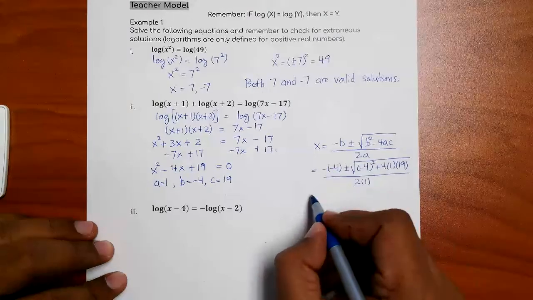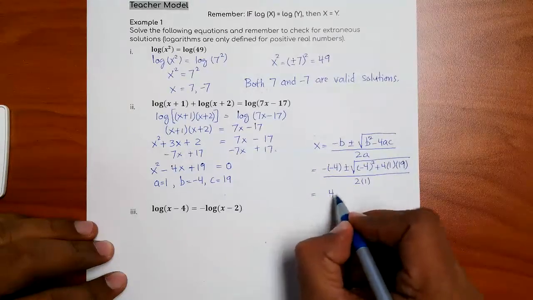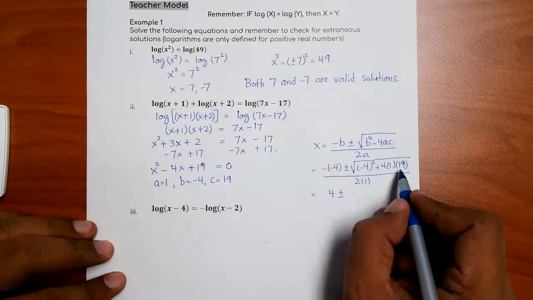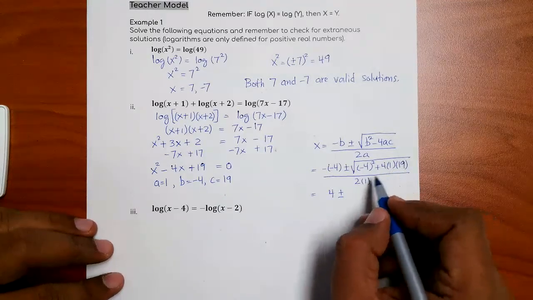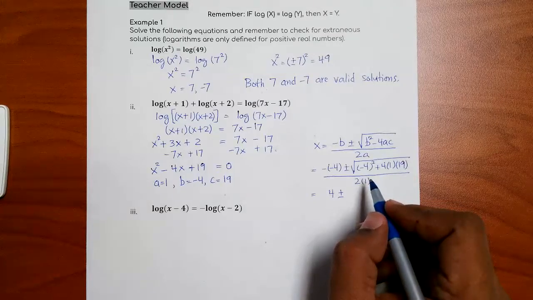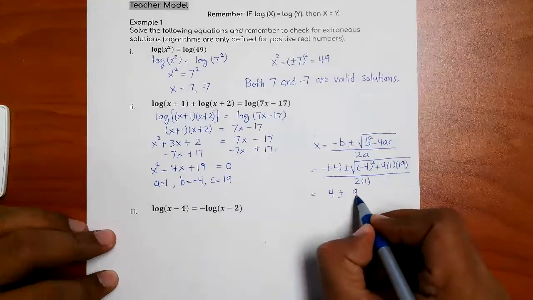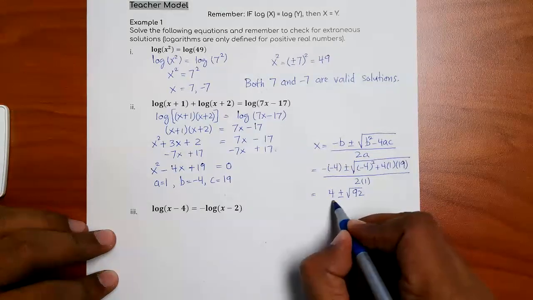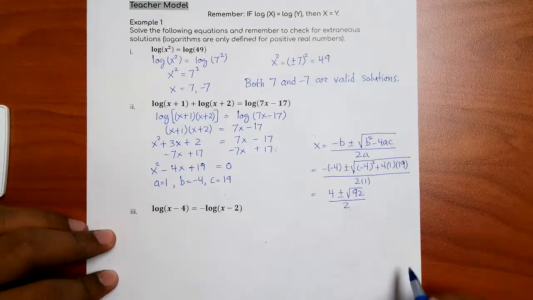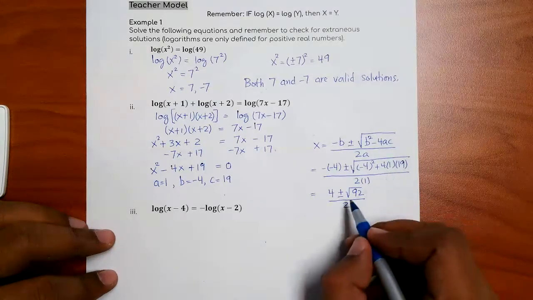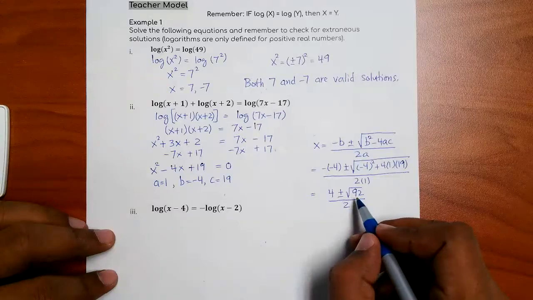Okay, negative and negative becomes positive, so 4 plus minus, this is 16, this is 76. So when you add 16 and 76, you will get 92. So I will write 92 upon 2. Okay, 92 is 4 times 23.